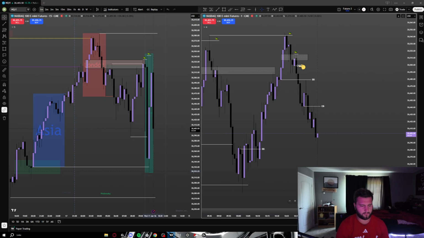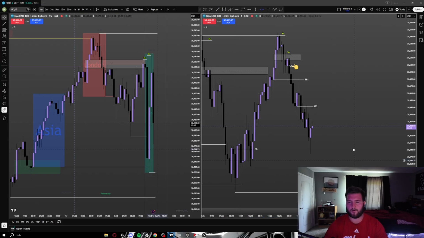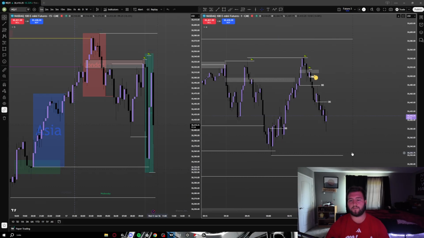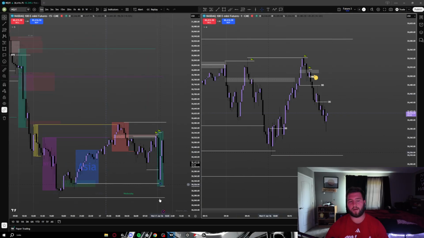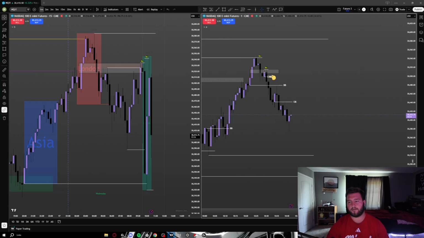Trail aggressively once we take the low, right? Once we come down and take this low, I'm gonna trail it more. But since I want more for my account and I believe we should come and take this low, I'm going to leave it.